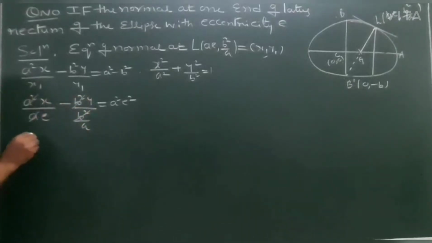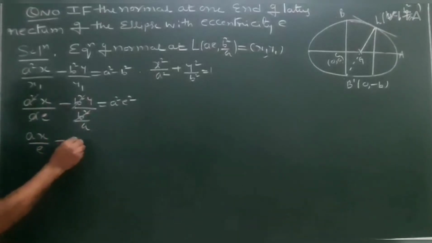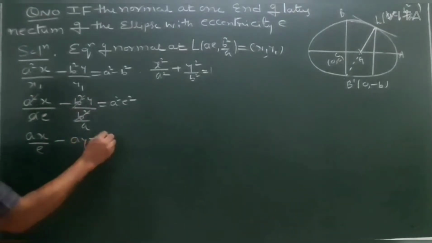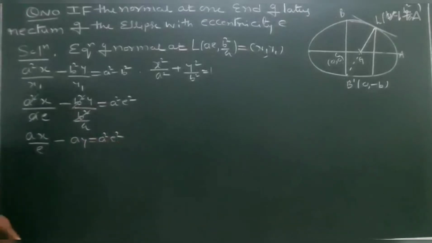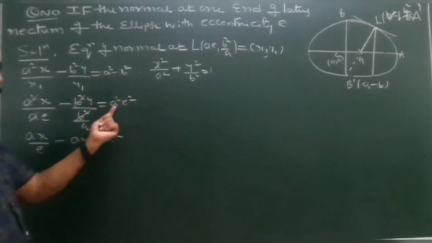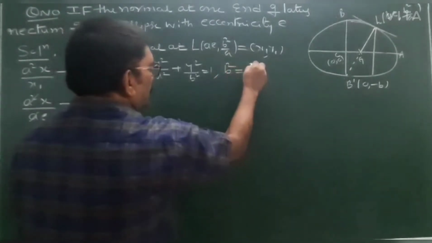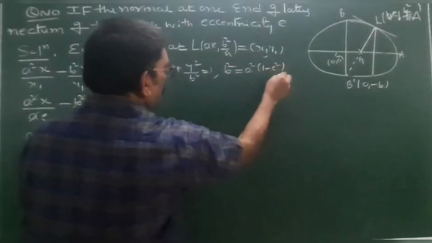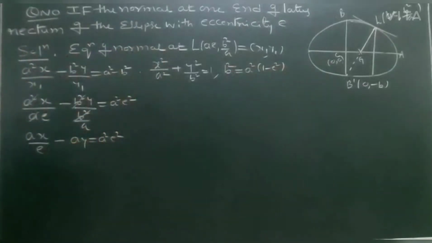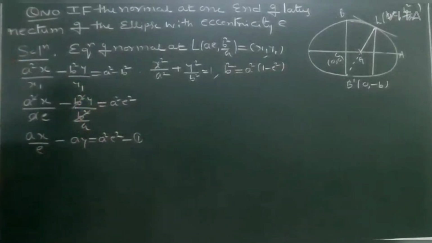We are left with ax/e... that is x/a minus ay is equal to a²e². Now, a² − b² is given to be a²e². According to the eccentricity formula, b² = a²(1 − e²). So therefore, I got it. You make this as equation 1.